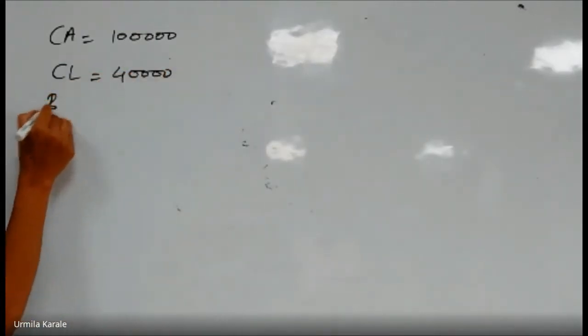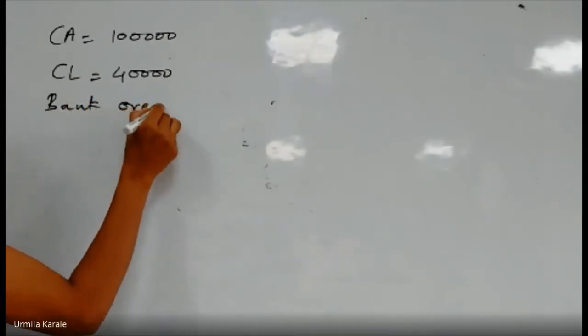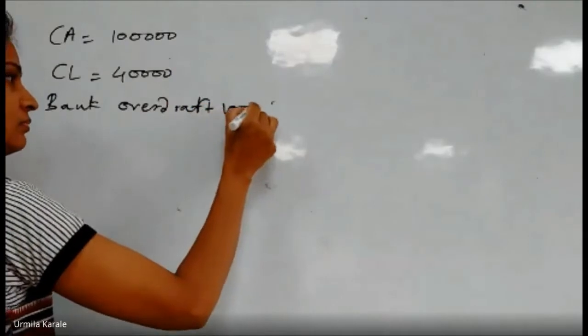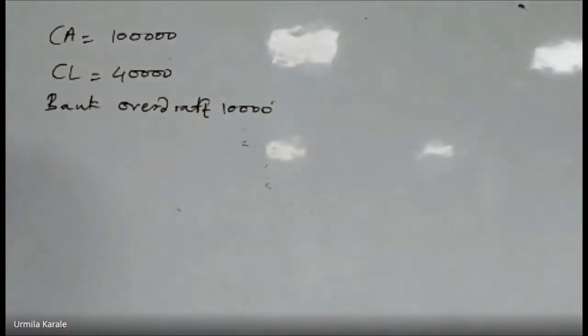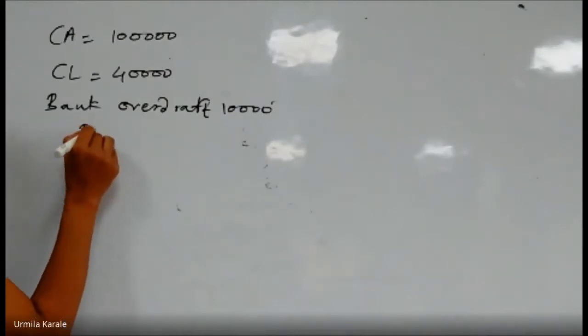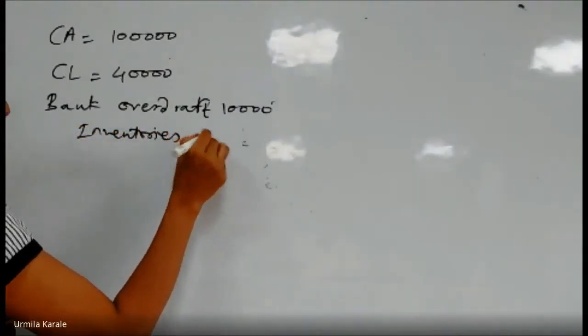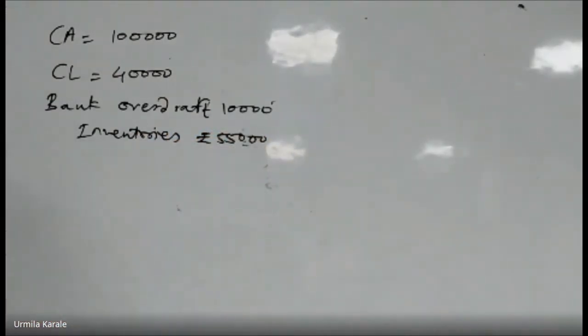Bank overdraft is given, that is 10,000. Now what else have we found out? Inventory, that comes to rupees 55,000. So this is what we have come to know from the sum that we have solved.